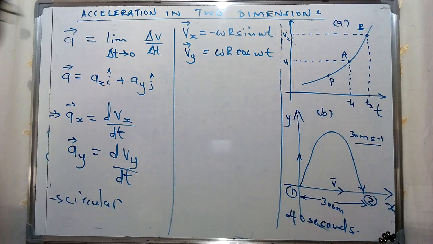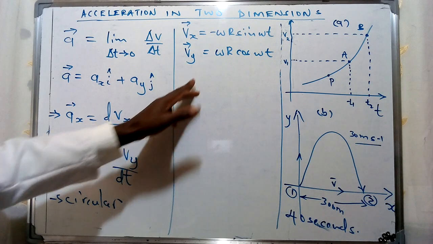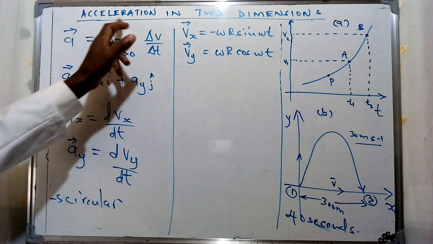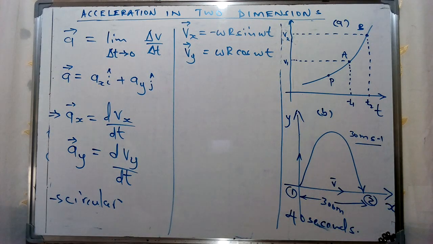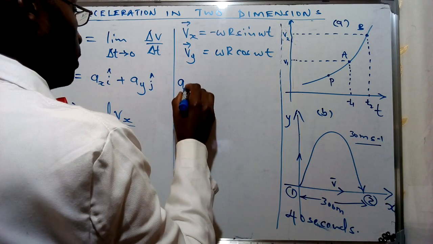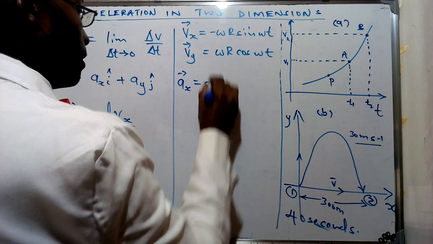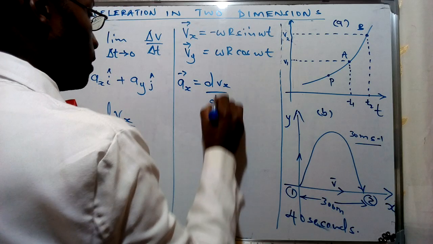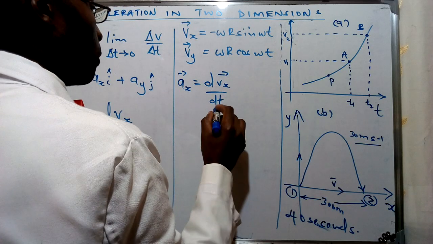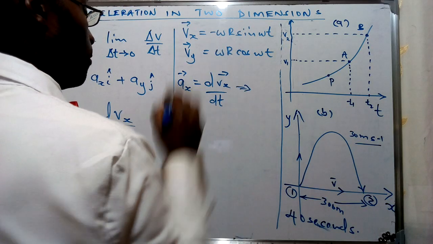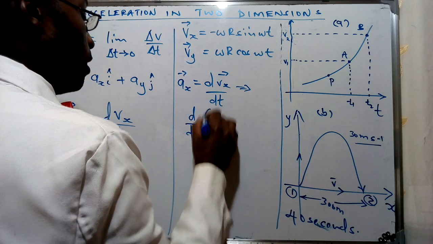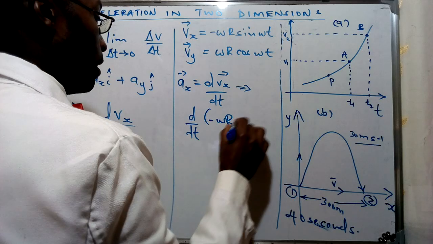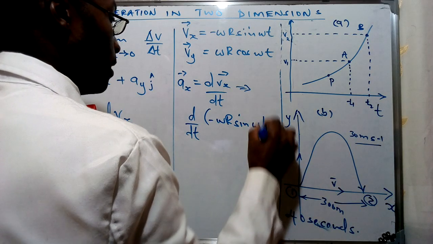So if we look at these two components, we can describe acceleration in 2 dimensions by finding the first derivative of those two components shown on the board, whereby the acceleration along the x-axis is given as dvx over dt, which implies the derivative of this component: d over dt of negative omega r sine of omega t.